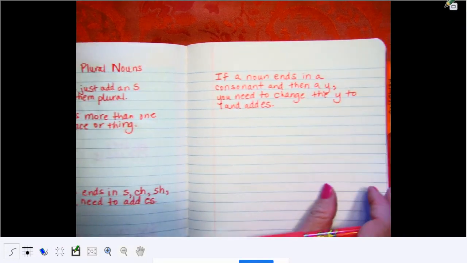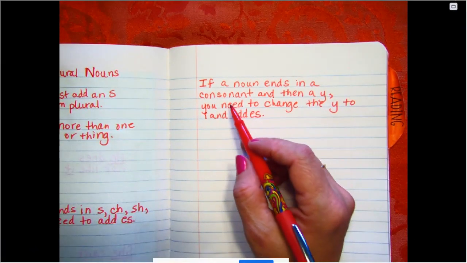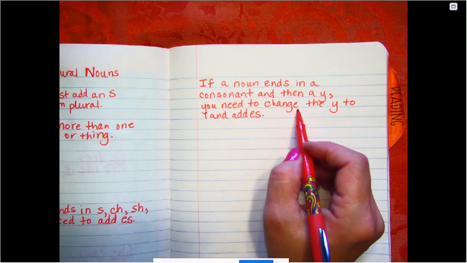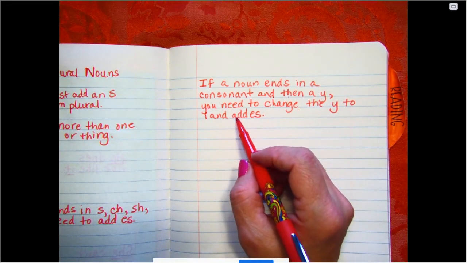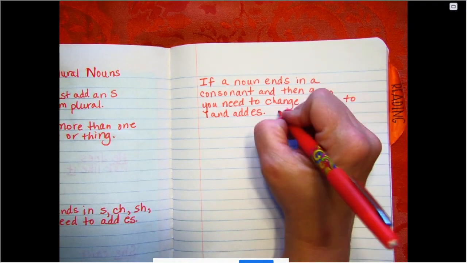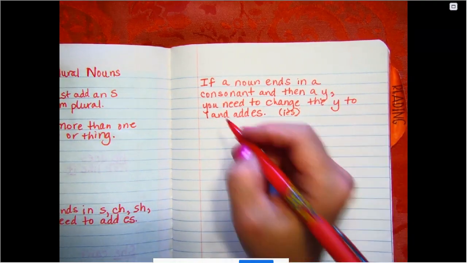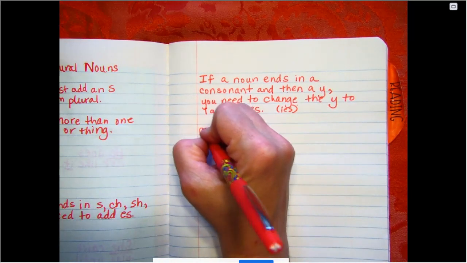Okay. If a noun ends in a consonant and then a Y, you need to change the Y to I and add ES. So like this, IES. Okay? What is a consonant?